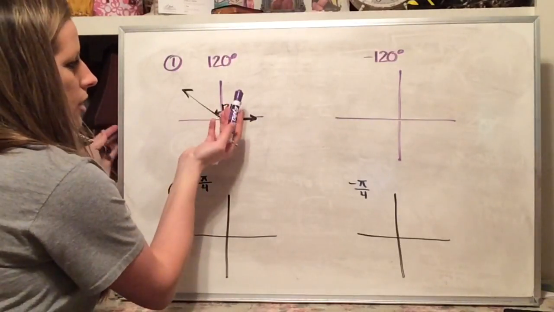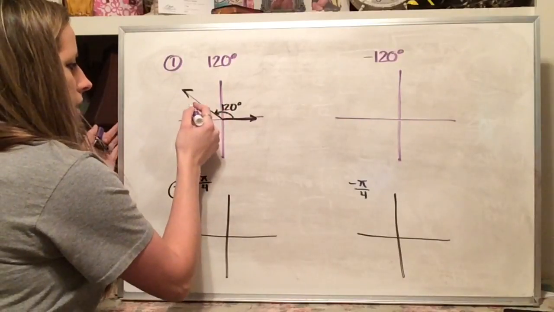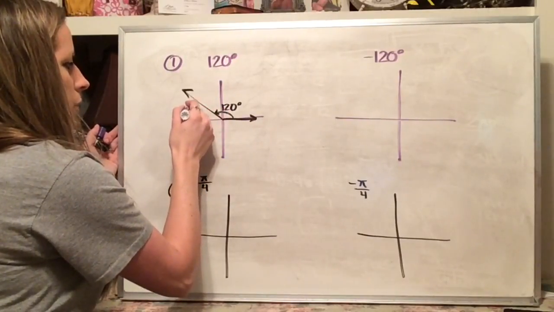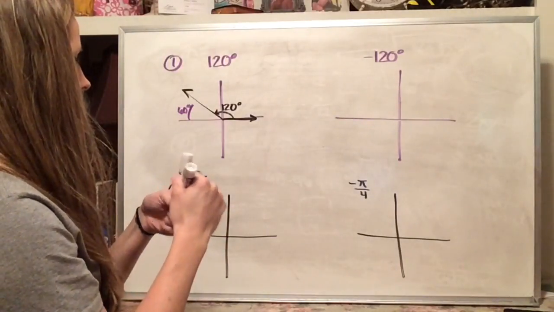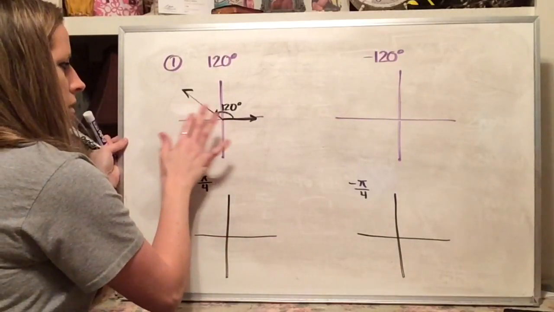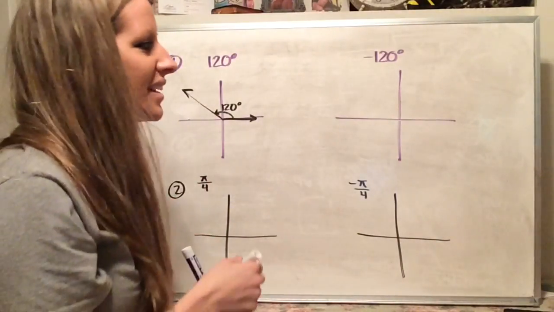So you should be 30 degrees past the 90 mark and about 60 degrees from 180. So it should be closer to that 90 degrees, if that makes sense. And we'll talk about it more later.